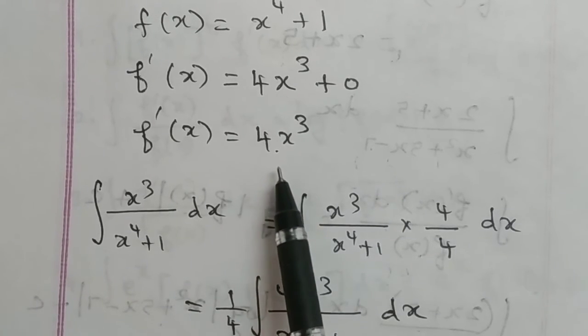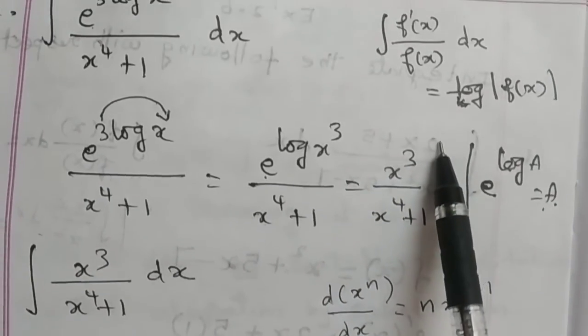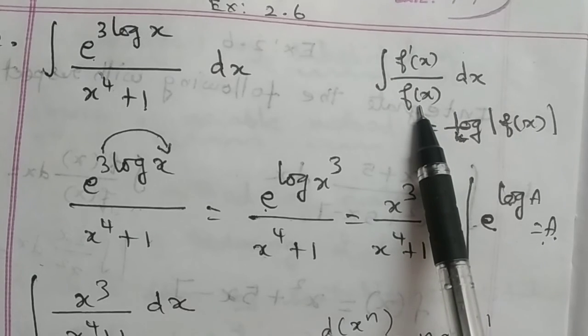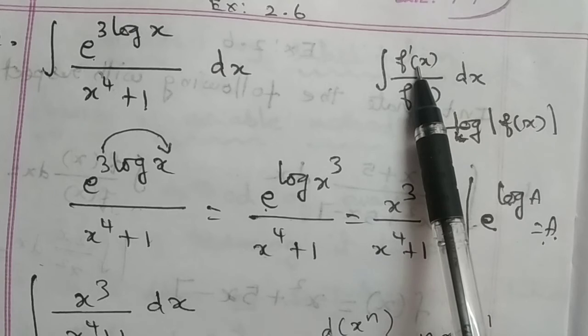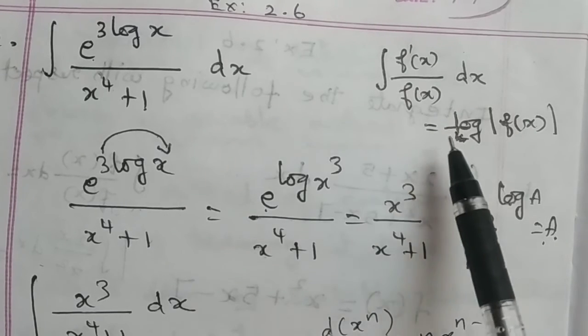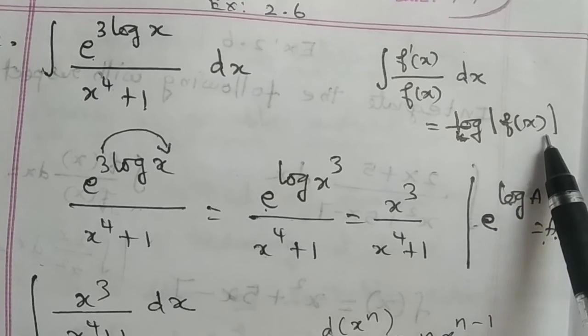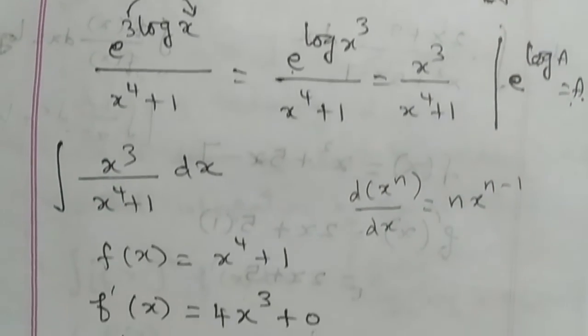We know the formula: integral of f dash of x divided by f of x, where f of x is the given function and f dash of x is its derivative. It is present in the numerator, so we get log modulus of f of x.